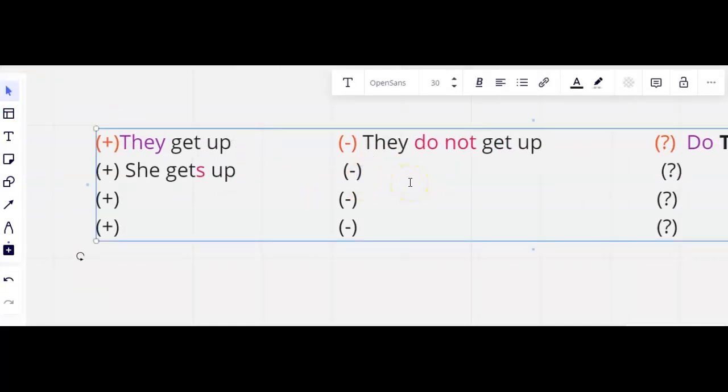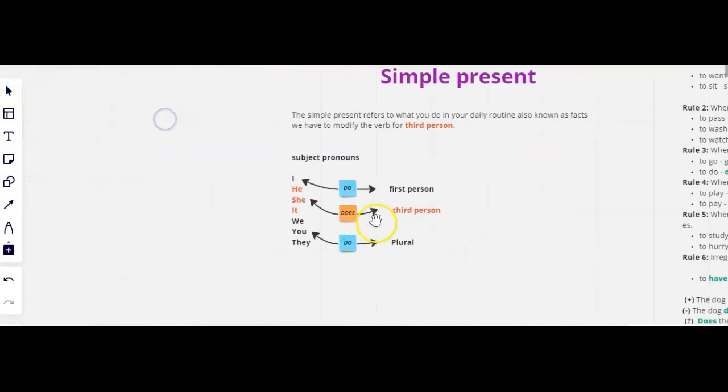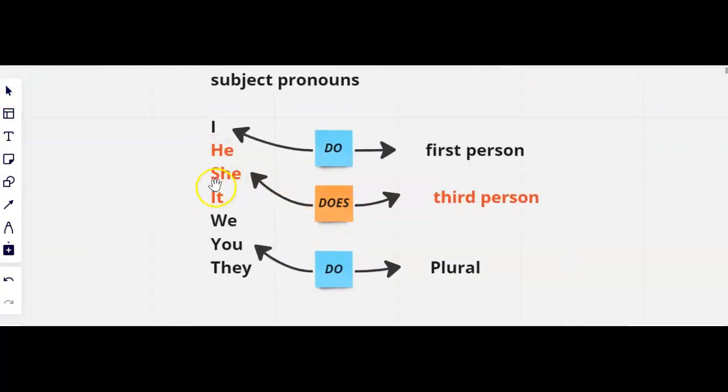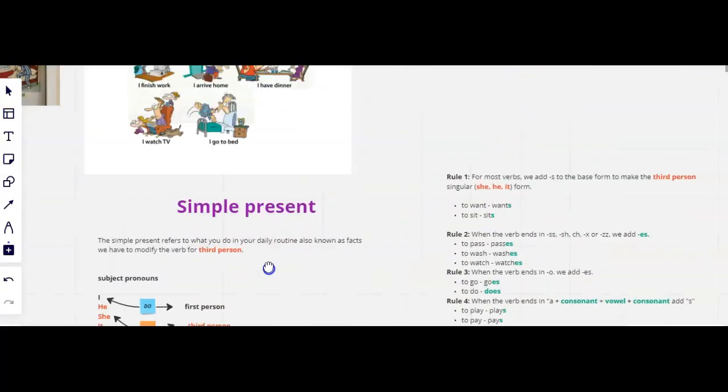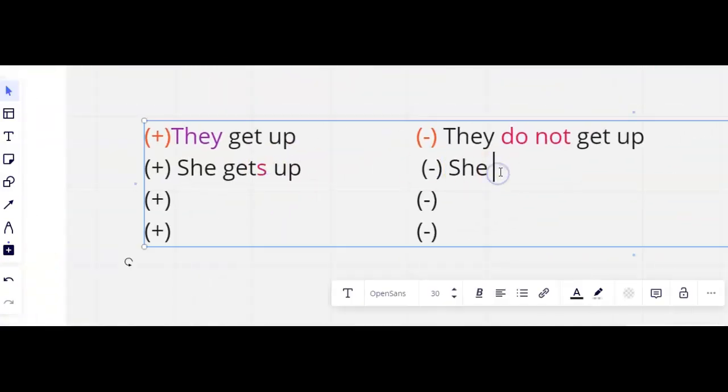In that case, it's going to be she... What is the auxiliary for third person, do or does? As I mentioned before, it's going to be does. It's only for these ones. So you need to put the auxiliary does right there, and as this is the negative part, you deny with not.